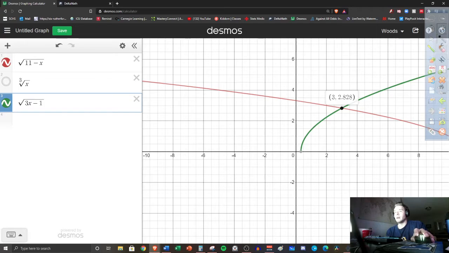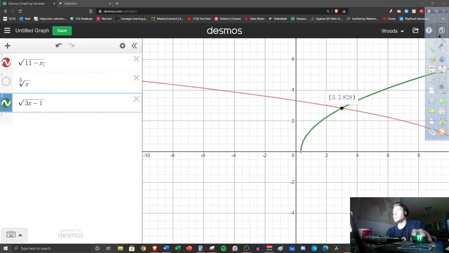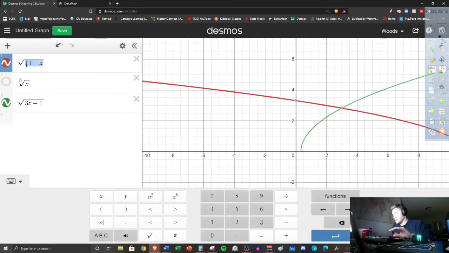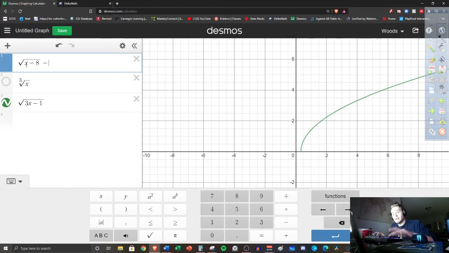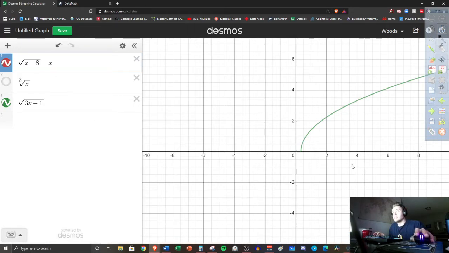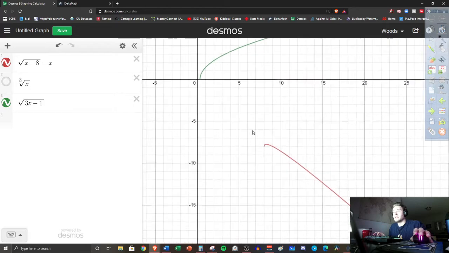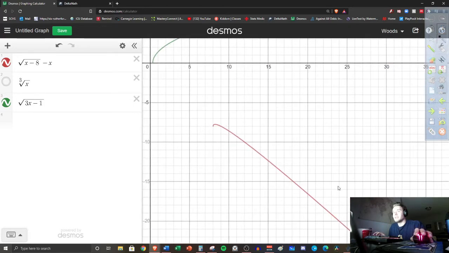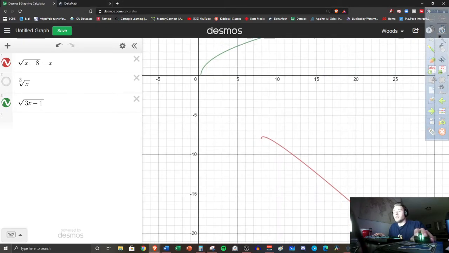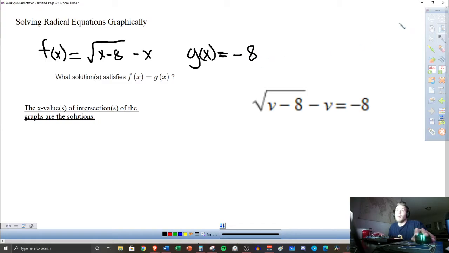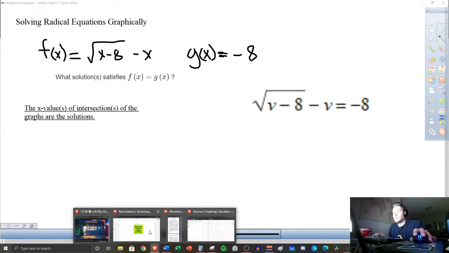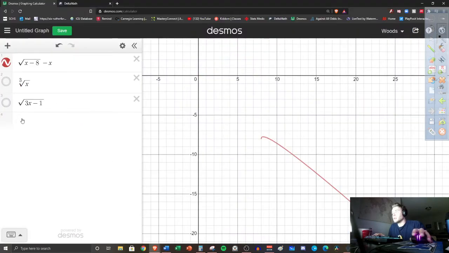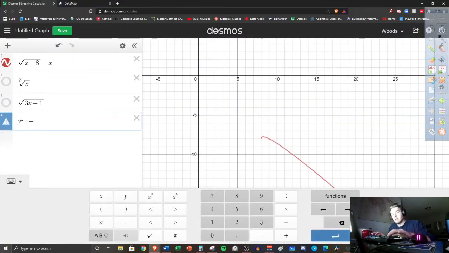So we have x minus 8, and then minus x is down here. Let me make sure what the answer is on this one. Oh yeah, this one's fine. Then for the other, we just need to graph y equals negative 8. That's all we're doing. So you just go to the graphing aspect of this, and we do y equals negative 8.